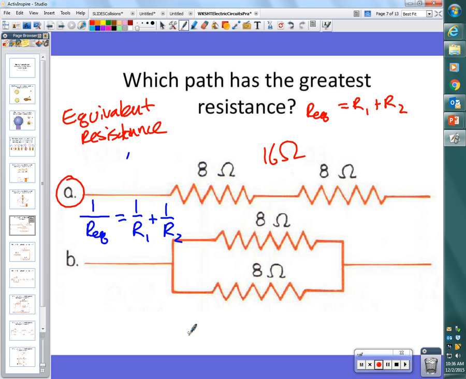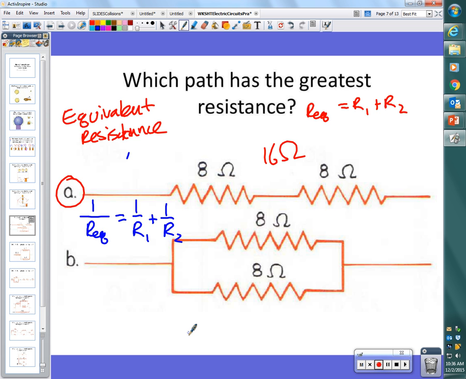Up here on the board, I only have 2 resistors, so I'm going to stop right there. But if you had more resistors, you would just keep adding them in that fashion. So let's apply this equation to these 2 resistors in parallel.